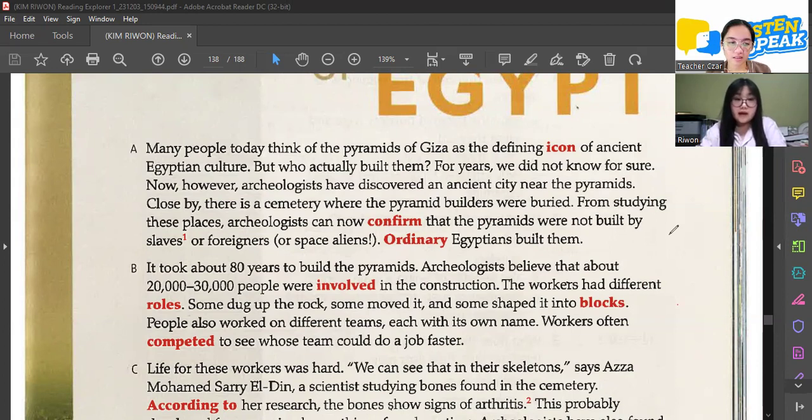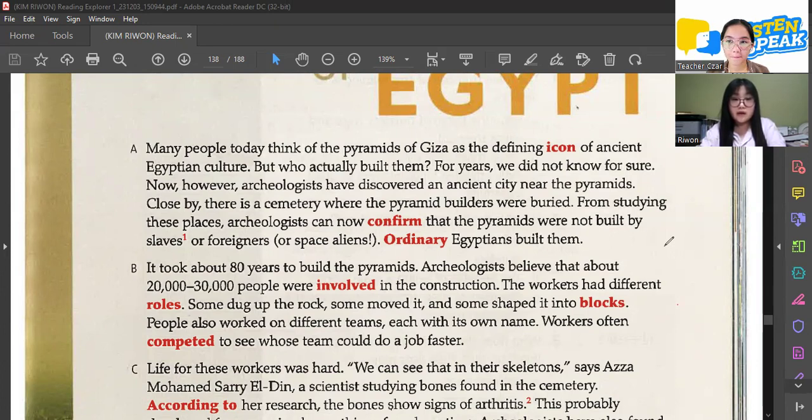It took about 80 years to build the pyramids. Archaeologists believe that about 20,000 to 30,000 people were involved in the construction. The workers had different roles.